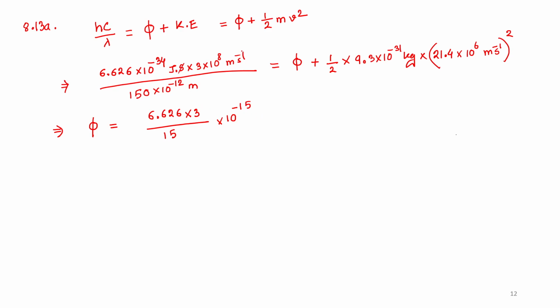Second unit gone, meter gone, and this is in joule, minus half of 9.3 into 10 to the power minus 31 into 21.4 square and 10 to the power 12 meter square, second minus 2.